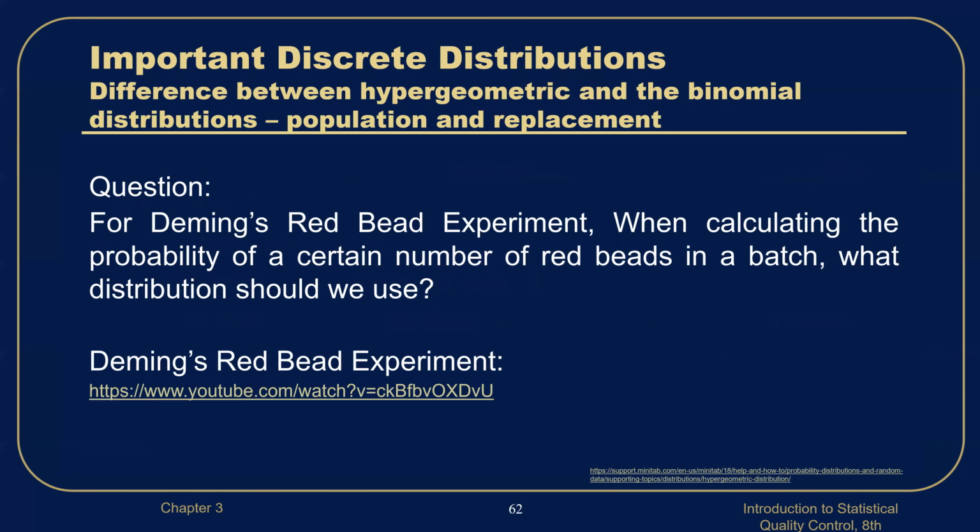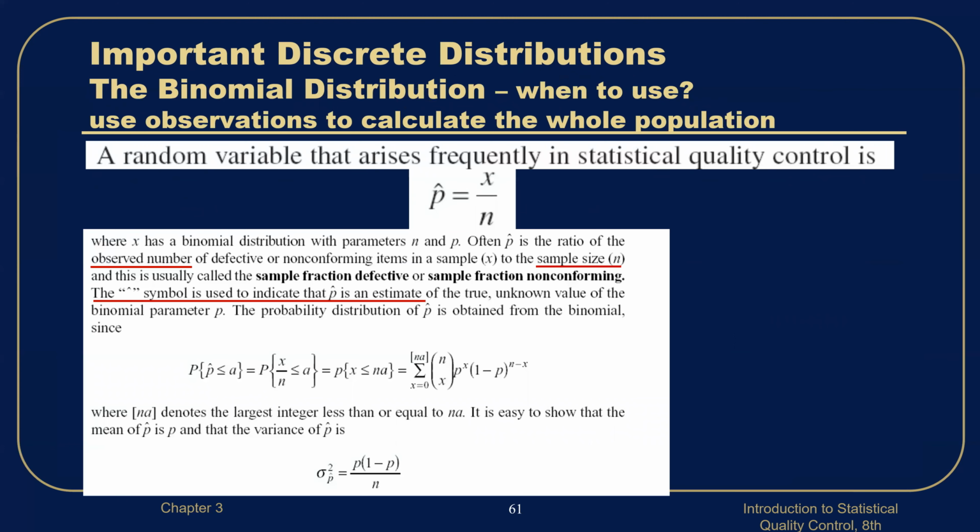Like a Bernoulli trial. We can also use observations to calculate the whole population, which is to use x over n to estimate p. We use p hat to represent estimated p.